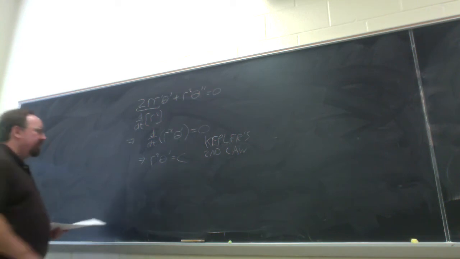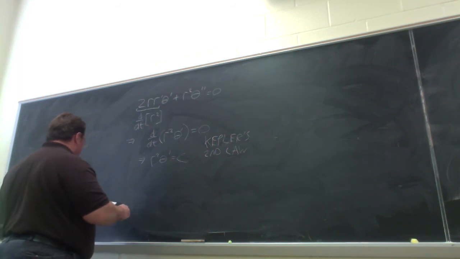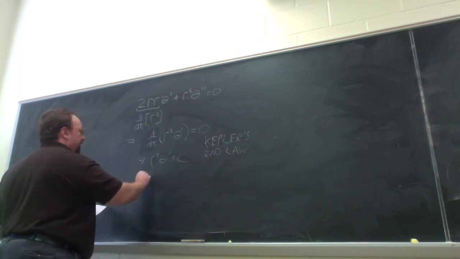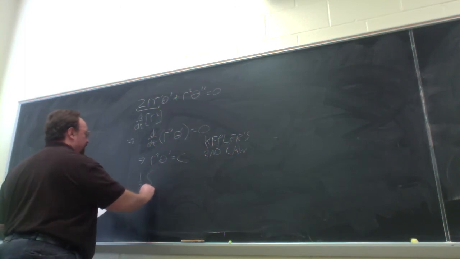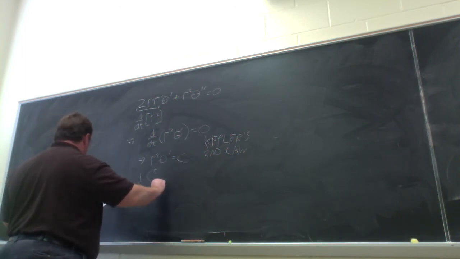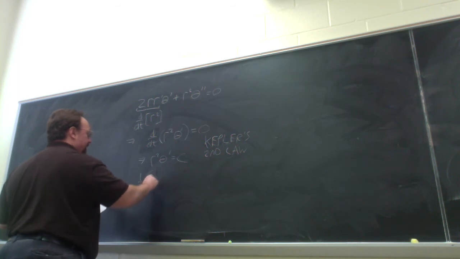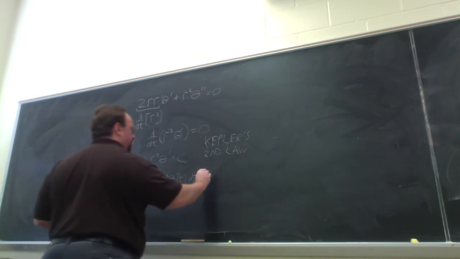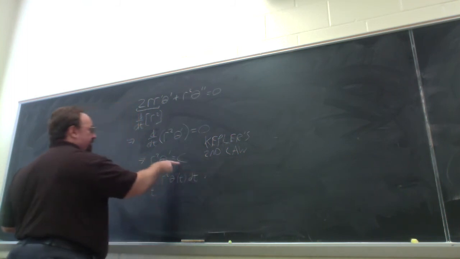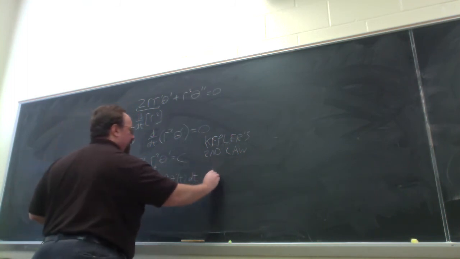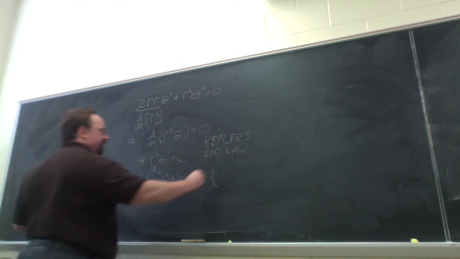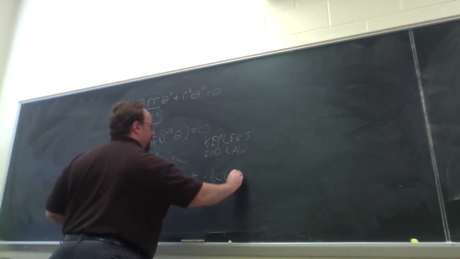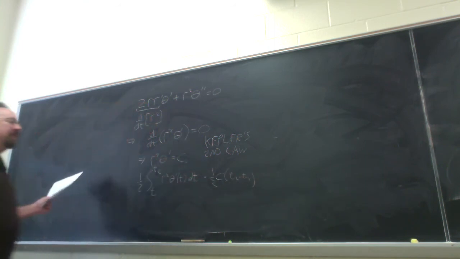So now I can multiply by 1/2 and integrate with respect to t, from time t1 to t2: 1/2 r squared theta prime of t dt is equal to, now if I integrate this with respect to time, I still have the 1/2 c, and then I have just t2 minus t1, because when you integrate a constant, it's just the constant times the difference of the limits.